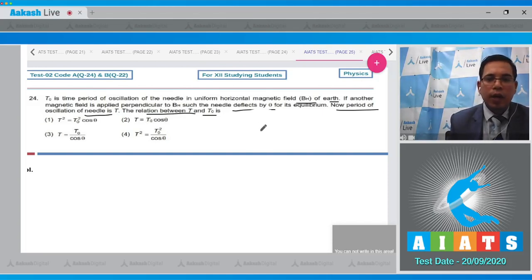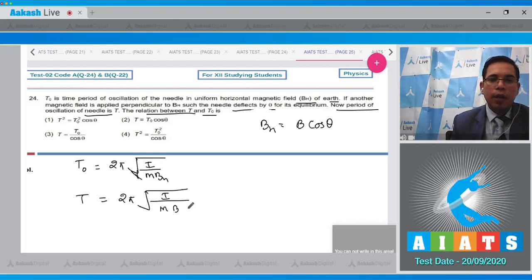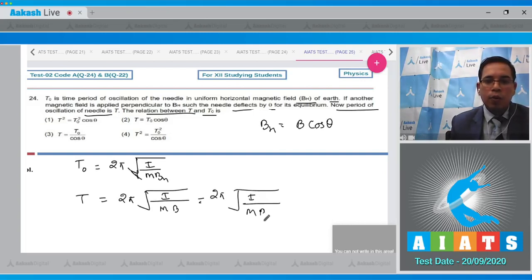Now dear students, we know that BH equals B cos theta. We also know that T0 equals 2 pi under root I divided by M into B, where B is given as BH, and T will be equal to 2 pi under root of I upon M into B. Here B will be equal to BH upon cos theta, that means cos theta goes to the numerator.